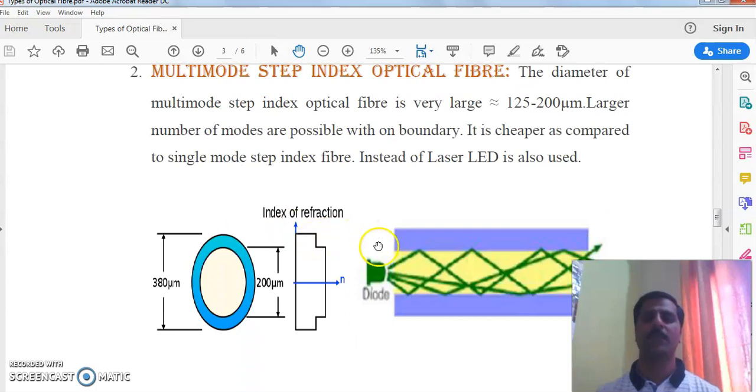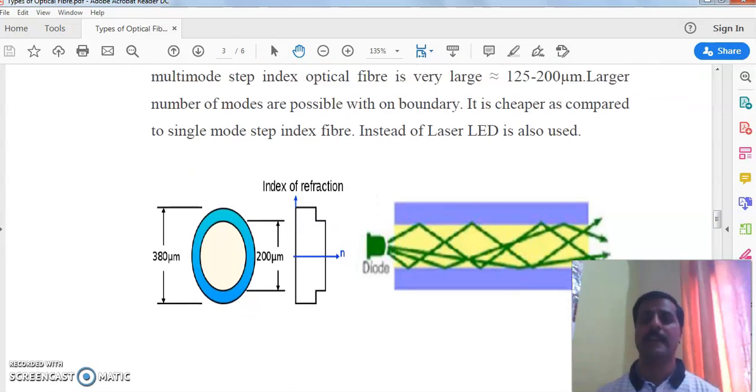So instead of a laser diode, we use here an LED to launch the light within the core region. If we use the LED, then the core region easily accepts light from outside, and multiple rays are accepted by the core region, and they suffer multiple reflections from different boundaries and reach at the second end.